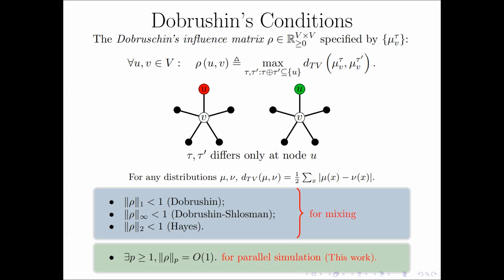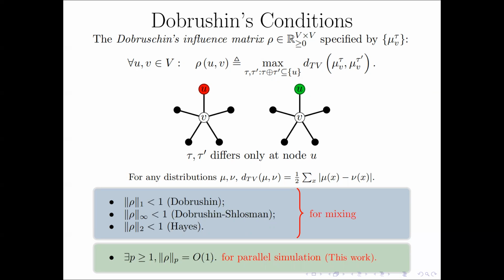It usually requires some norm of rho to be less than 1. For example, the Dobrushin's condition asks the infinity norm of rho to be less than 1, which implies the contraction of path coupling and O(n log n) mixing time for any Glauber dynamics.